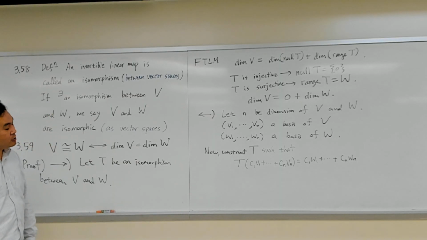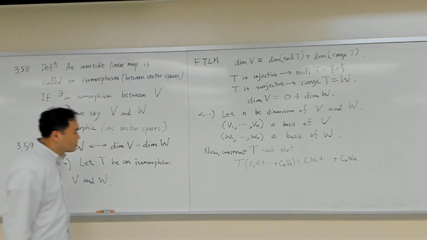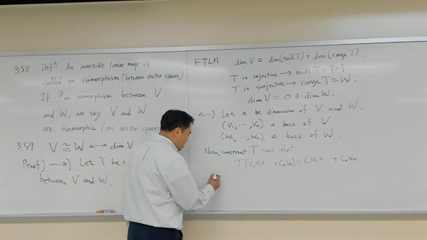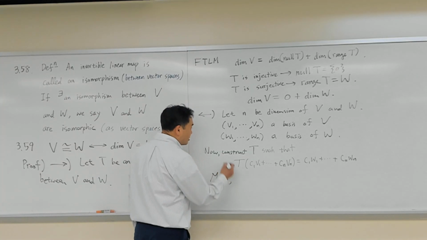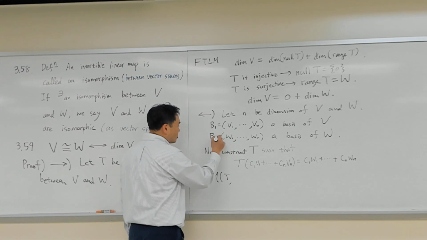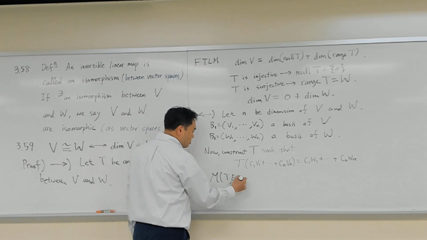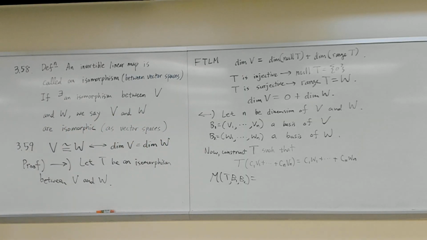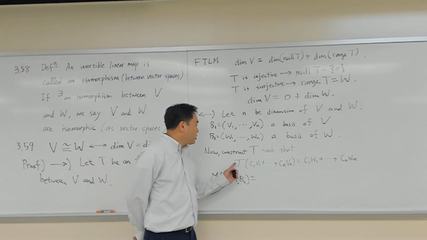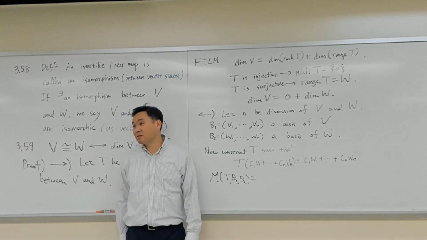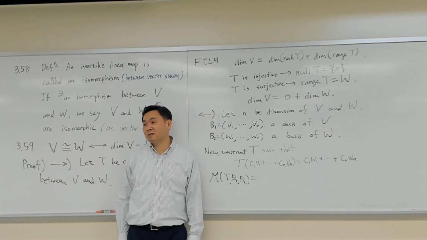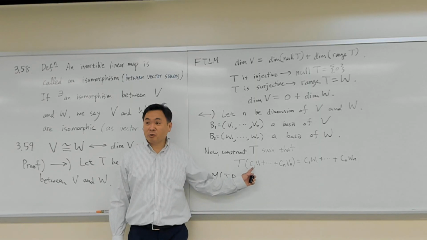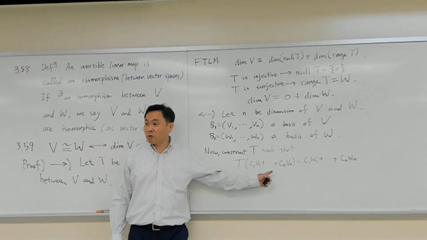But you know, I think we can just do this. What is matrix of T? Let's call this B1 and B2. B1, B2. What will this be? Well, what's T of V1? To just get V1, you need what? 1 and then 0, 0 everywhere.